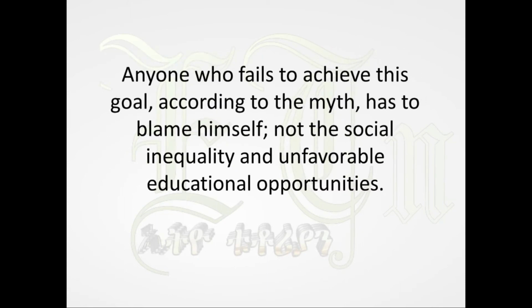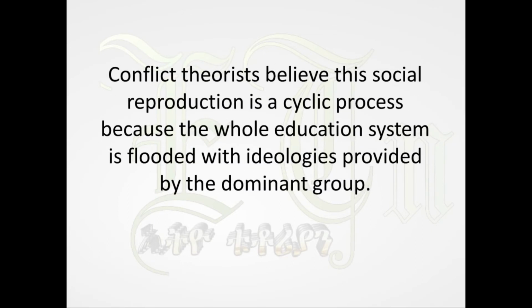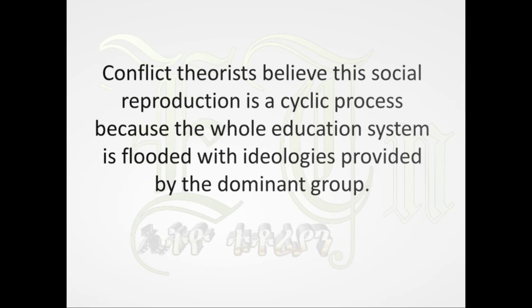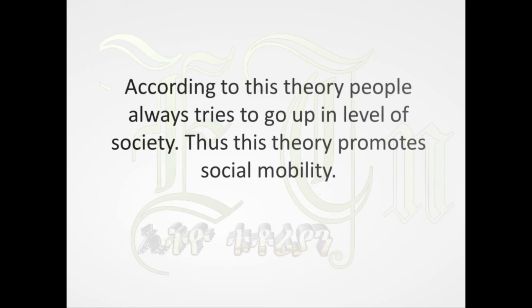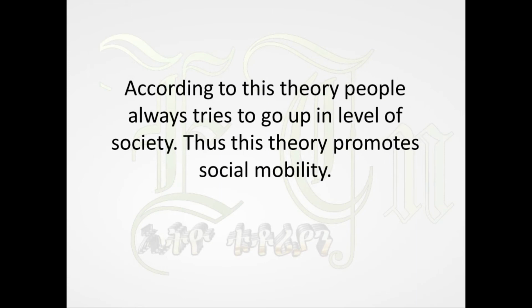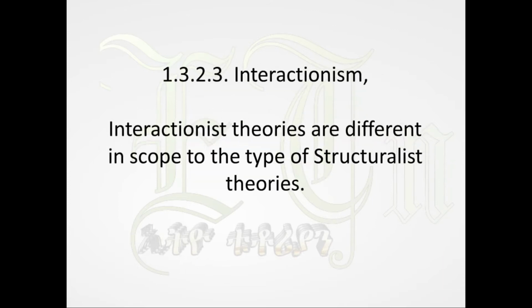Anyone who fails to achieve this goal, according to the myth, has to blame himself, not the social inequality and unfavorable educational opportunities. Conflict theorists believe this social reproduction is a cyclic process because the whole education system is flooded with ideologies provided by the dominant group. According to this theory, people always try to go up in level of society. Thus, this theory promotes social mobility.